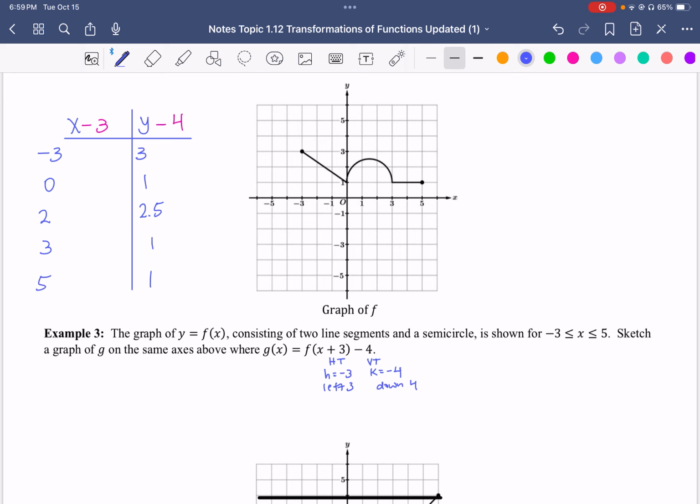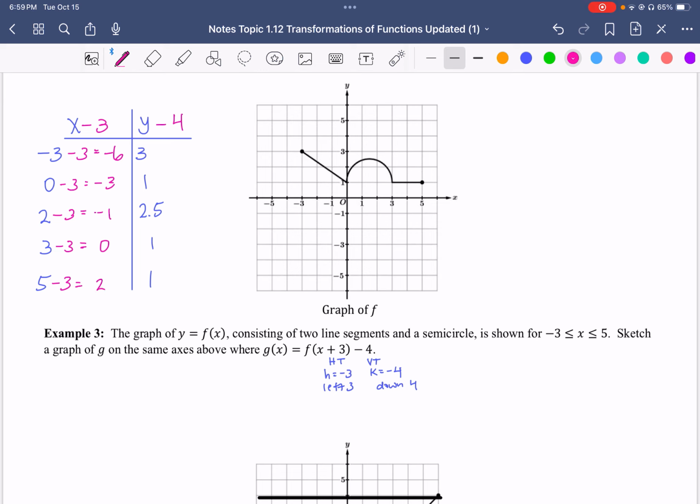Okay, so I'm going to subtract 3 from all of these x values because all of the x values need to be shifted to the left 3 units. Okay, -3 minus 3 is -6, 0 minus 3 is -3, 2 minus 3 is -1, 3 minus 3 is 0, and 5 minus 3 is 2.